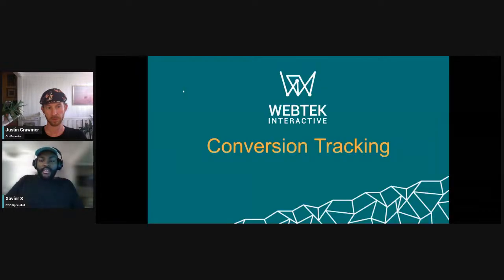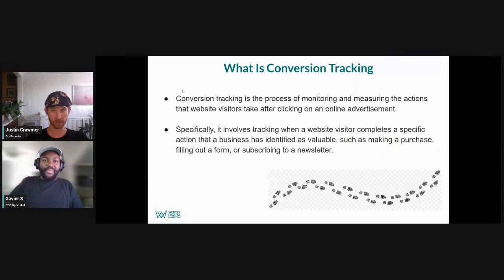Okay. So now that we have talked about conversions, let's talk about conversion tracking. Conversion tracking is basically what it sounds like. You're tracking the conversions that are happening on your website and in your campaigns, and you're associating them to certain aspects of your campaigns so that later down the line, you can make informed decisions about what's working and what's not working for you.